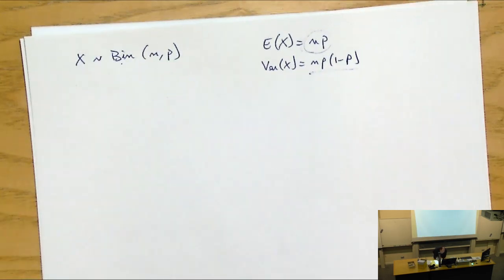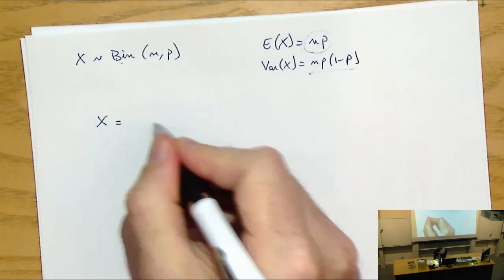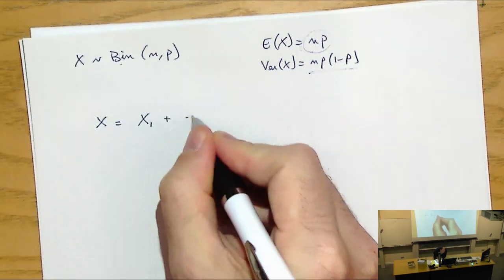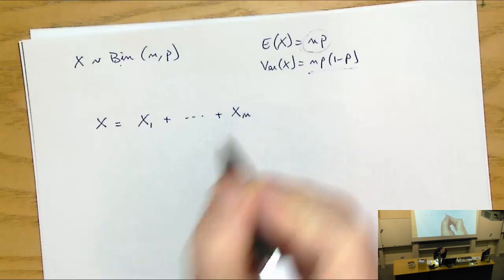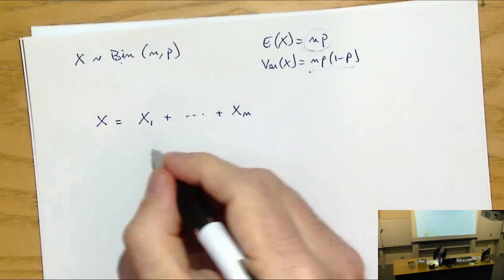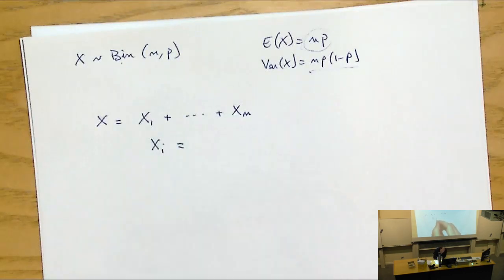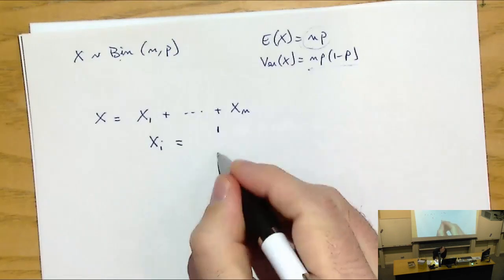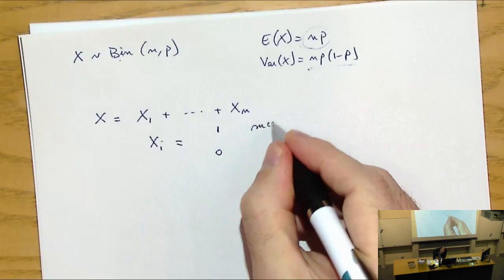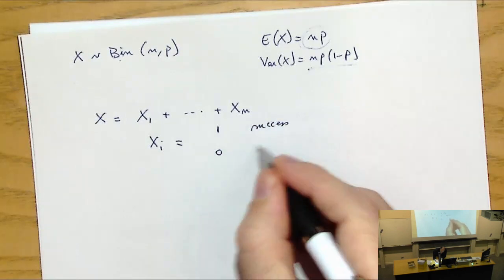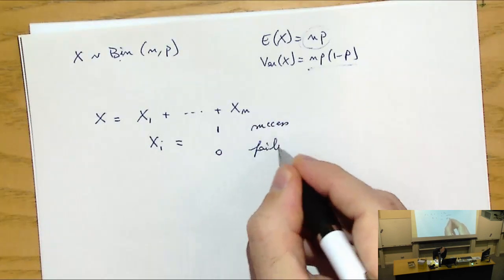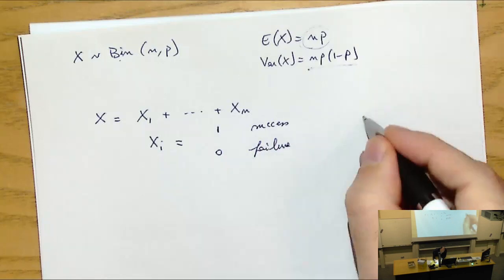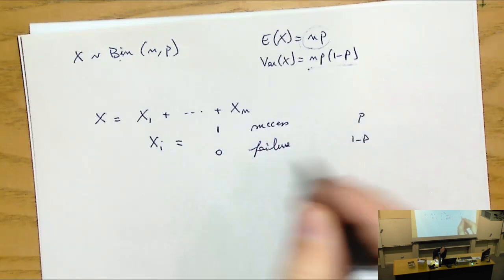So what I can do is write X as a sum of n random variables, where each of them is essentially telling me I have a 1 if I have success, and I have 0 if I have failure. And this comes with probability p and probability 1 minus p.